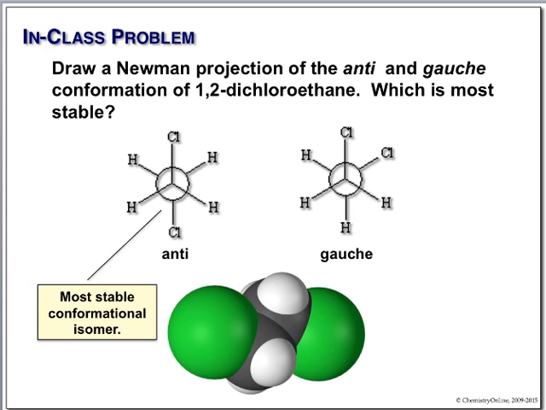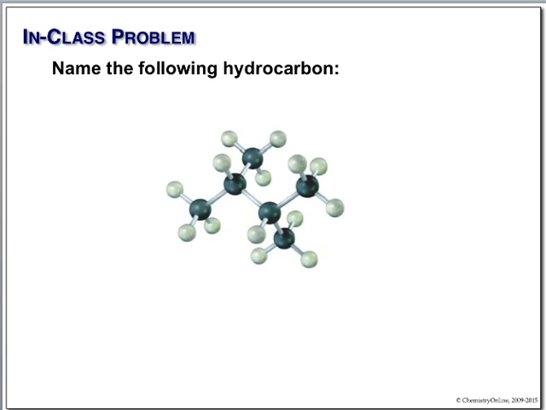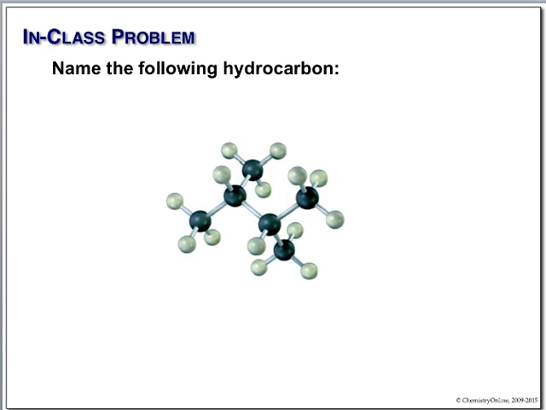And finally, let's do one very simple problem here. Here's a ball and stick. Go ahead and just name this compound based on the ball and stick model. You've got to be able to convert from one to the other. It's all the same.